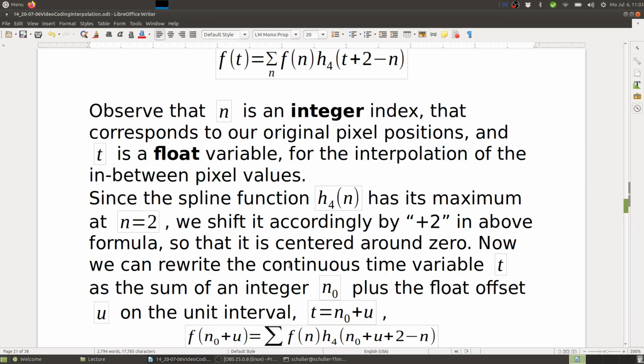Now we can rewrite the continuous time variable t as the sum of an integer n naught plus the float offset u on the unit interval. So here we have our t, and now we substitute our t by n naught, the nearest integer basically, plus u. And we choose this nearest integer such that the u is always positive.